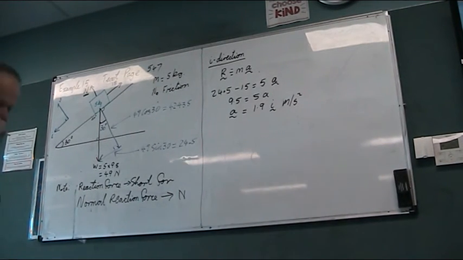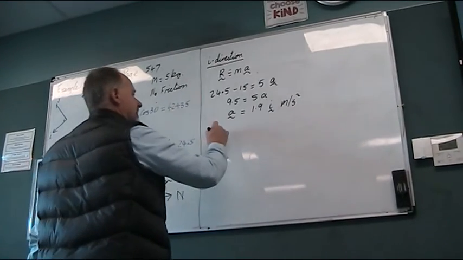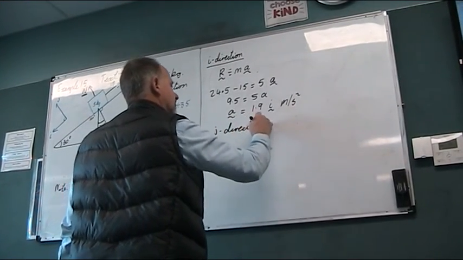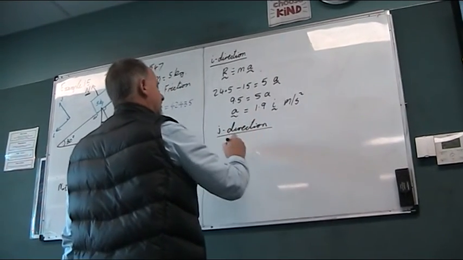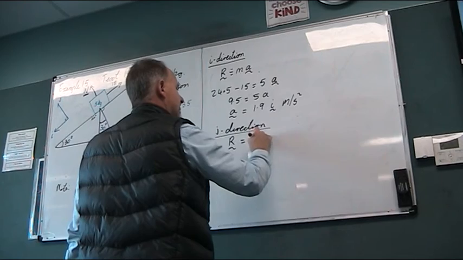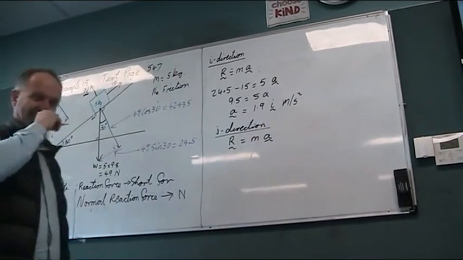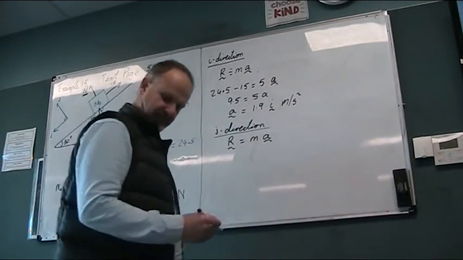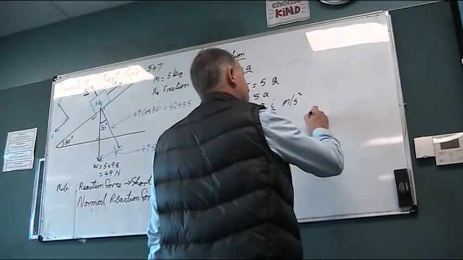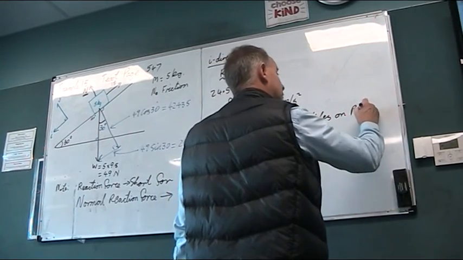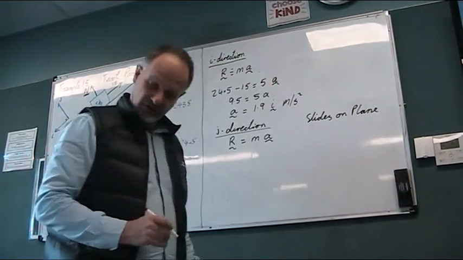All right, now we need to move to the J direction. Again, we can do the same: the resultant force in the J direction is mass times the acceleration. Now, in the J direction, what's the acceleration? Not a trick question.